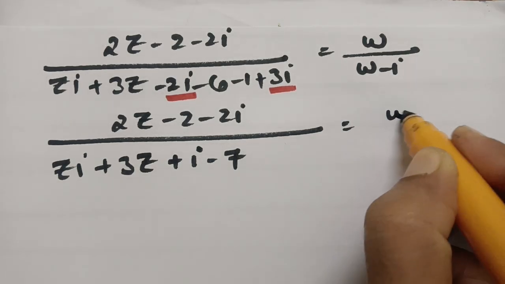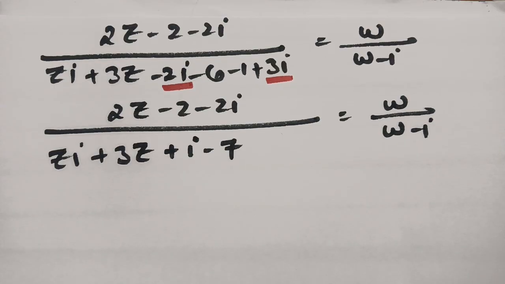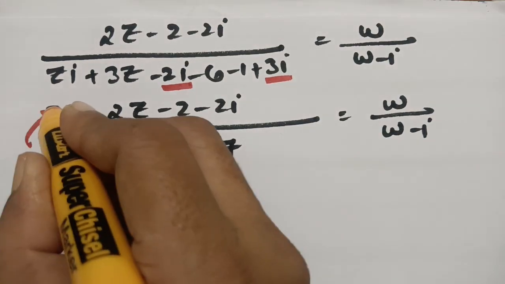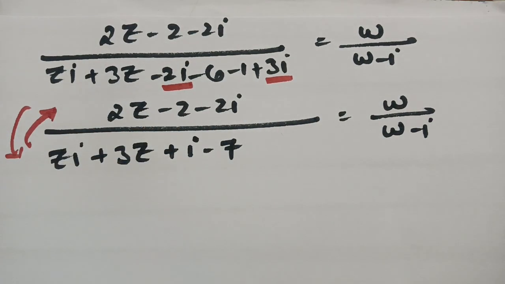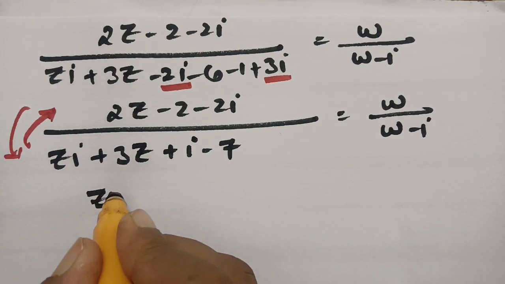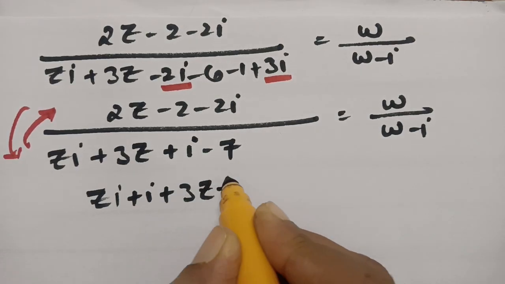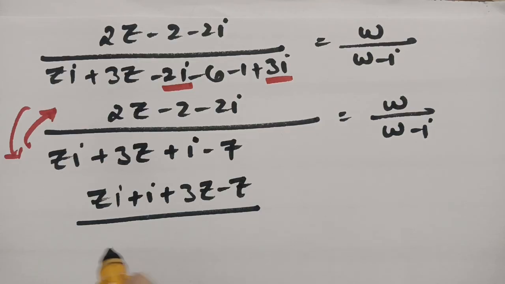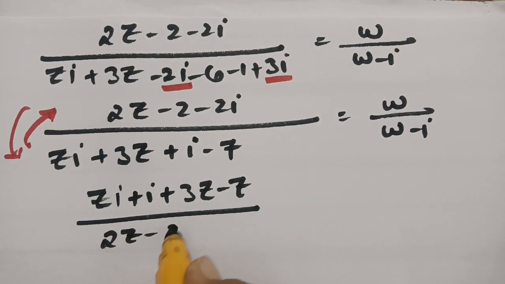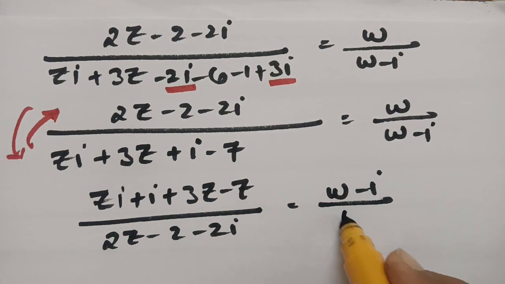So now if I make a reciprocal, numerator and denominator get interchanged, that is zi plus i plus 3z minus 7 divided by 2z minus 2 minus 2i is equal to w minus i by w.